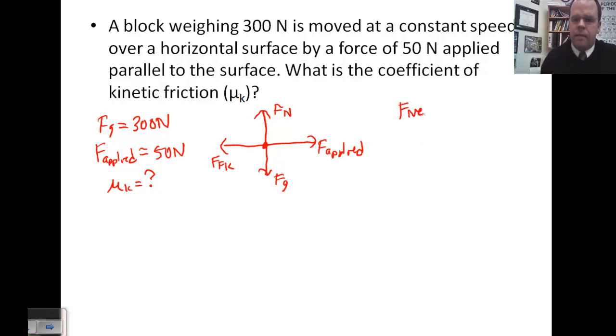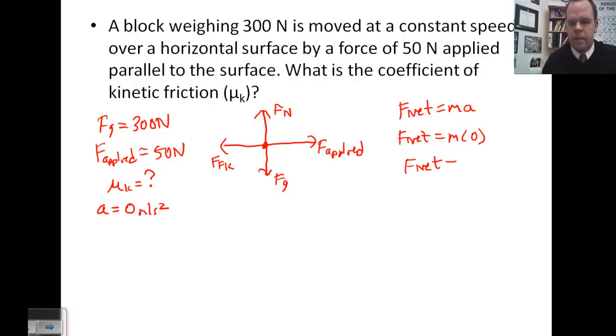I know F net equals ma, so F net, oh, one other piece over here, I forgot to write down. Acceleration is 0 meters per second squared. Equals the mass times 0. So regardless of what the mass is, we could figure out the mass, but it's not going to matter because we know the net force will be 0.